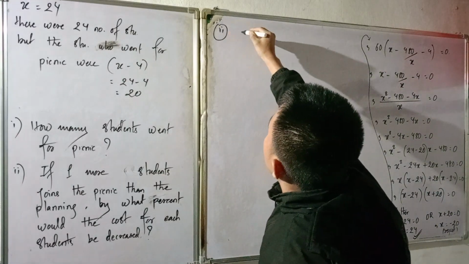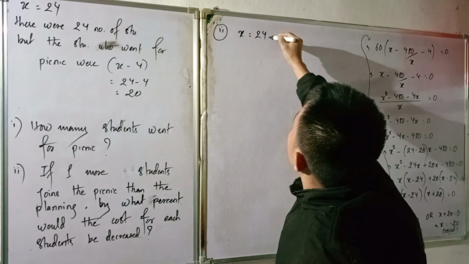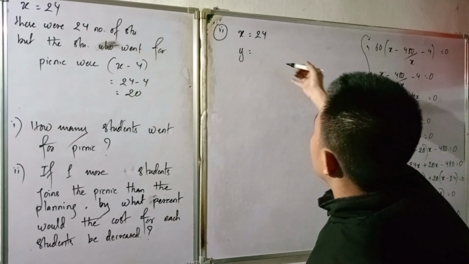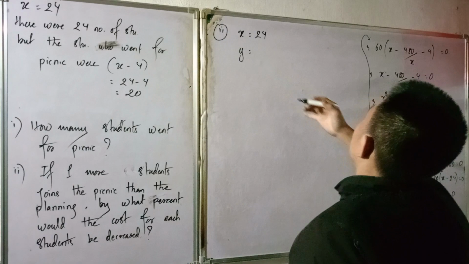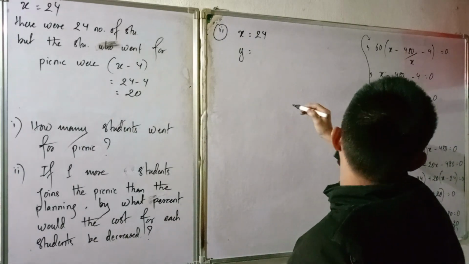So there were 24 students, x equals 24, and y means cost per student, according to the original plan. Now you can get the value of y.